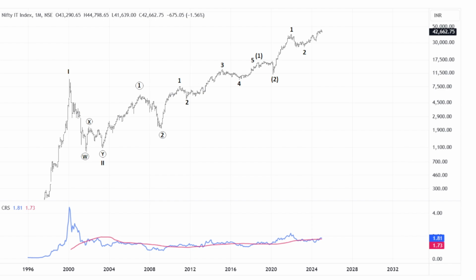From the 2020 lows, this index has completed minor wave 1 and minor wave 2 and is amidst the subdivisions of minor wave 3. These subdivisions would be more visible on the lower time frame, weekly and daily charts. So let us move on to the daily and weekly charts of the IT index.